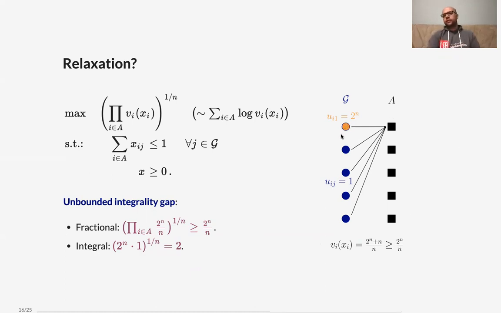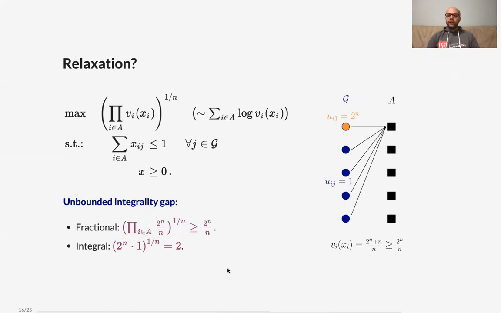If we now look at the relaxed solution, we could just give 1 over n to each of the agents. So everybody will actually get a decent piece of the very valuable good. So they are all happy, and also on average they'll be happy. While in the integer solution, we can only give the super valuable good to one agent, and everybody gets peanuts. So on average, they're also not very happy. So the integrality gap turns out to be unbounded.